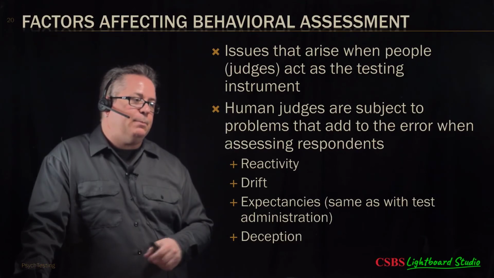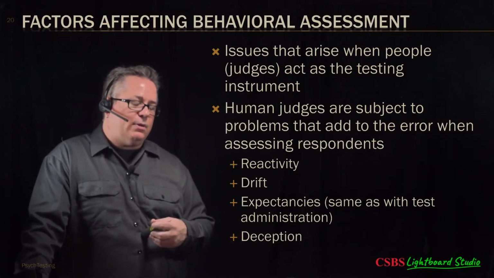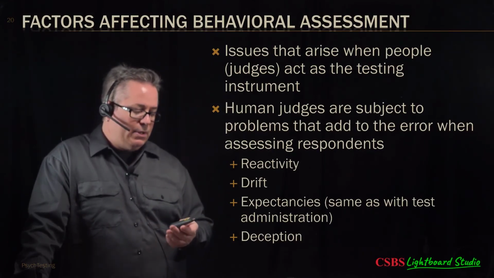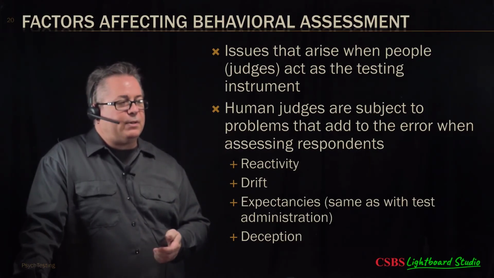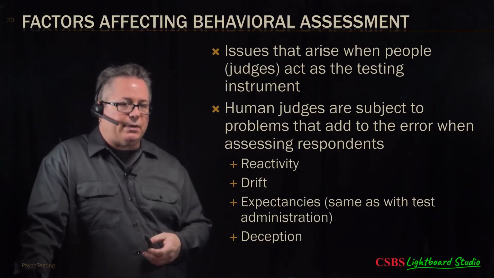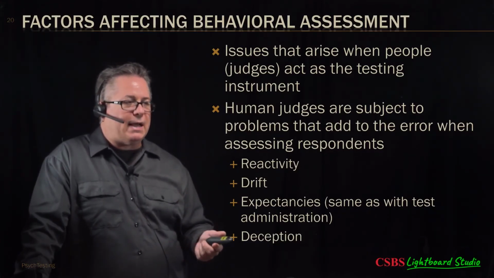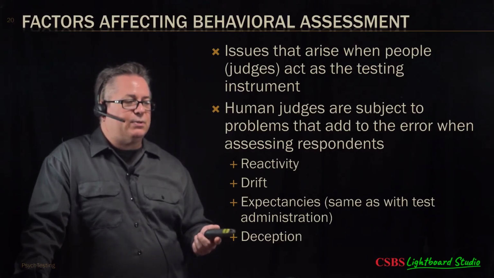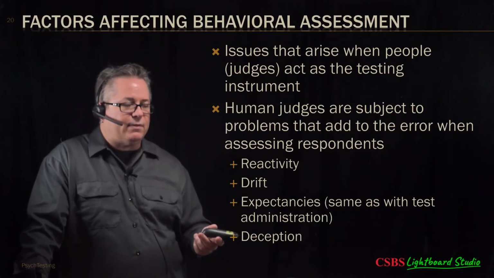And people in general are motivated towards deception. So if someone's doing a behavioral assessment, and it's something that may reflect negatively on the person being assessed, they're going to be motivated to try to hide those behavioral traits or to do things that will deceive the administrator, because that's protective of them, right?